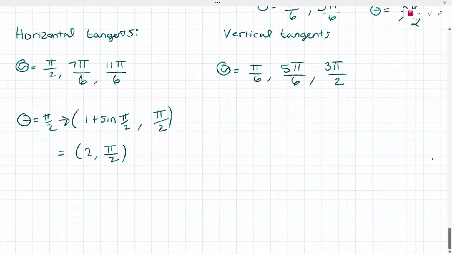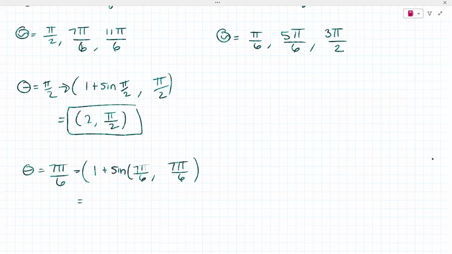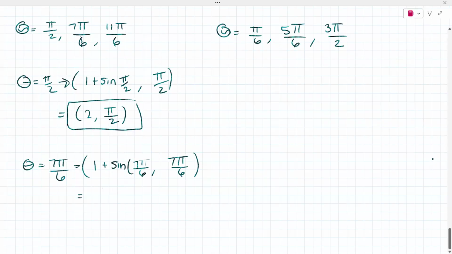Okay, so that's one of your answers. And then when theta is 7 pi over 6, it's going to equal 1 plus sine of 7 pi over 6, comma 7 pi over 6. And when you clean that up, that gives you 1/2, comma 7 pi over 6.